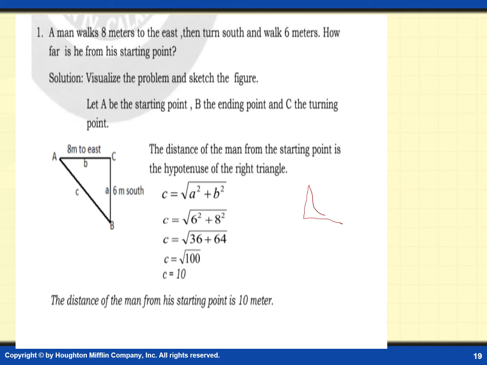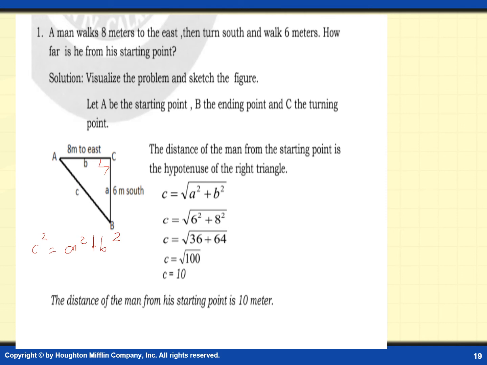Consider this our right triangle. The formula will always be c squared is equal to a squared plus b squared. That is our formula.